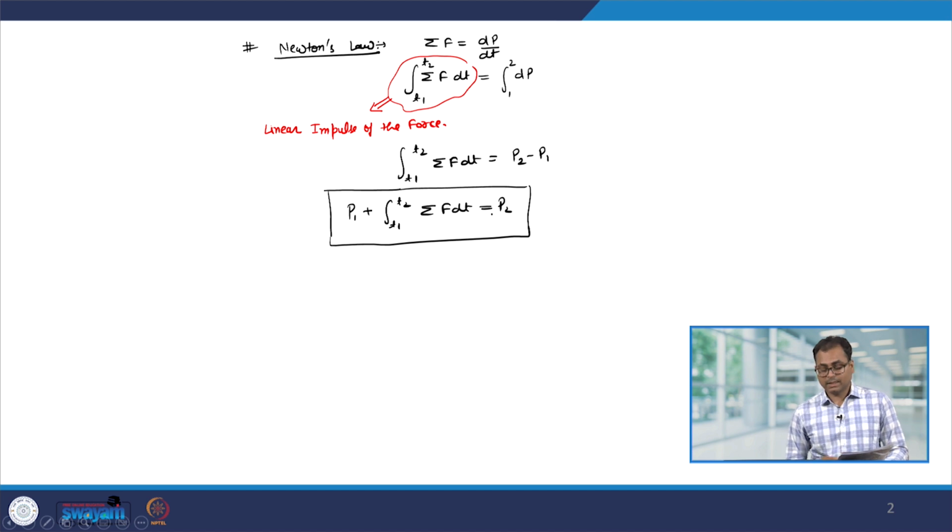This tells us that if a particle is moving with a momentum p1, and impulse F dt is applied on it, then its momentum becomes p2. So let me write it down in text.